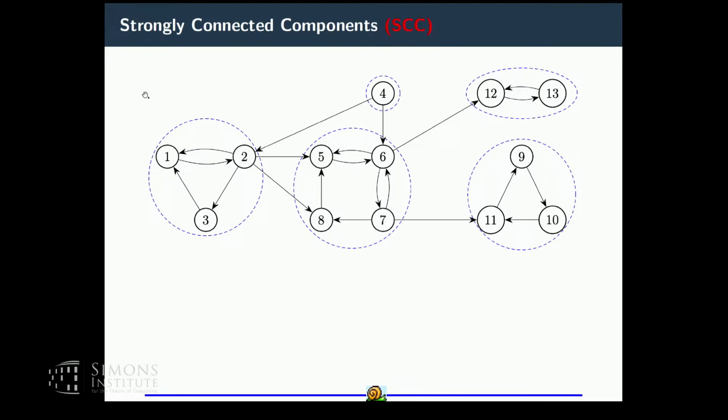Now, why do we say strongly connected components? Well, a strongly connected component is a set of nodes such that when you increase the set of nodes, it's not connected anymore. It's a maximal connected set.